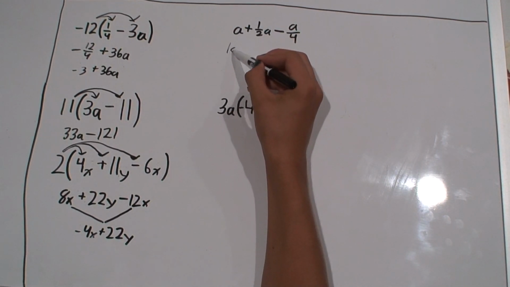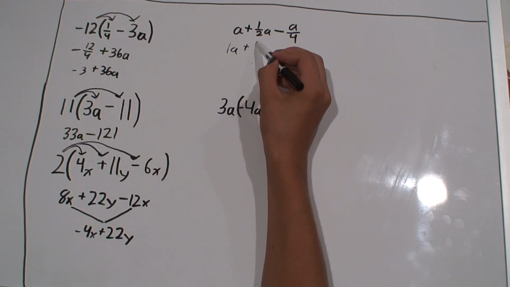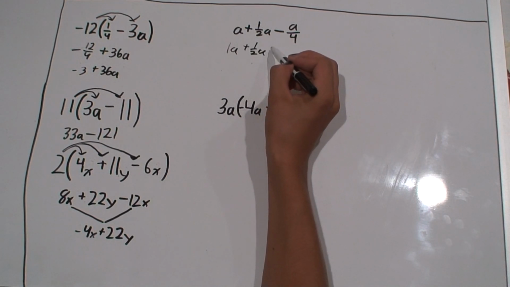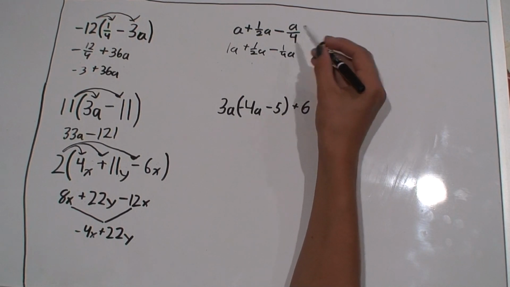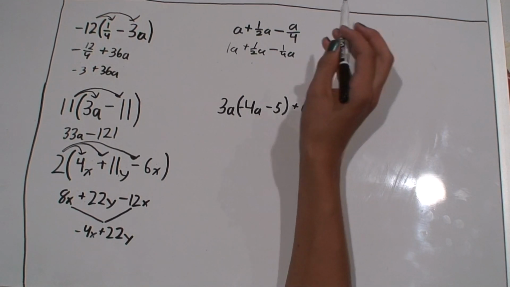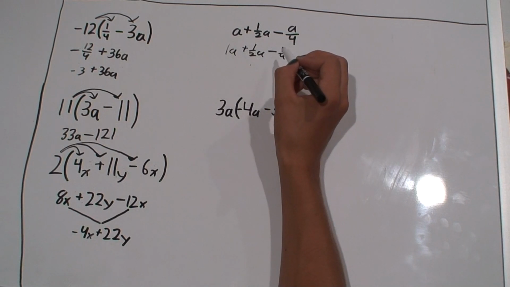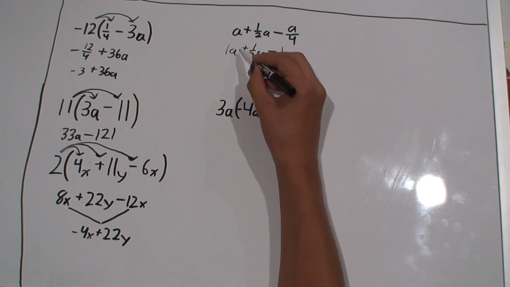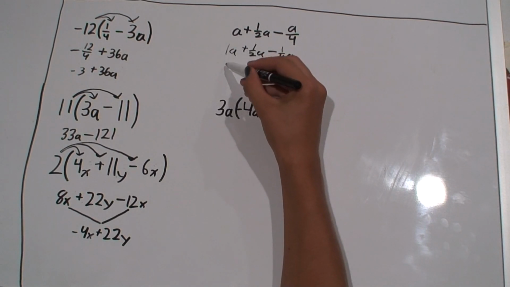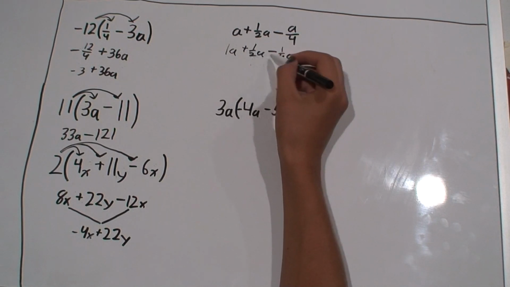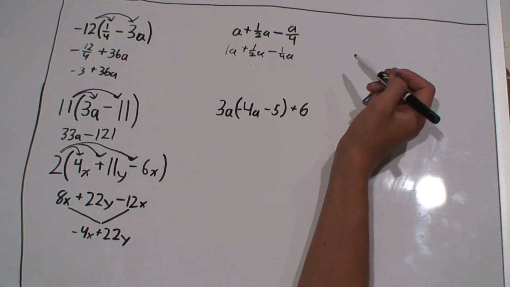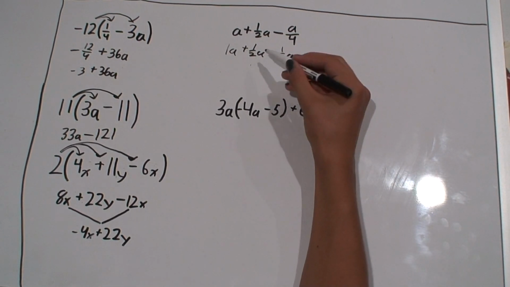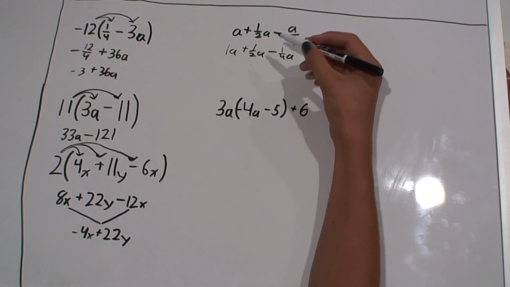This is 1 times a plus 1/2 of a minus 1/4 times a, if you'd like to look at it that way. So adding these together, we find we can't add 1/2 and negative 1/4 without first finding a common denominator. Common denominator here would be 4.